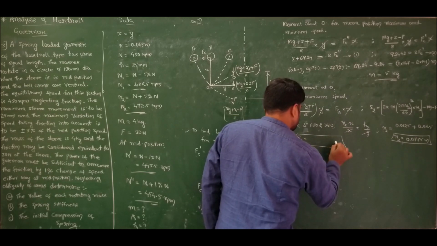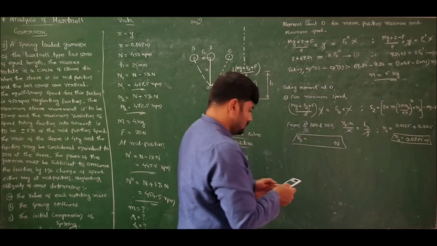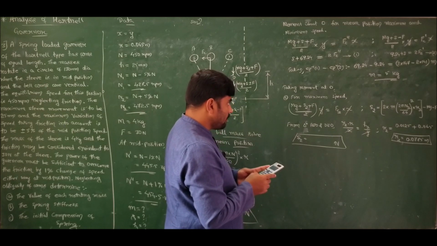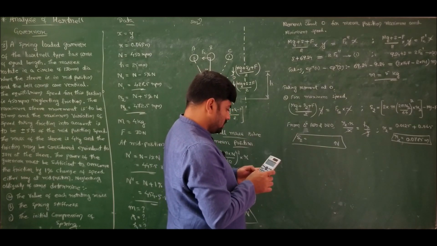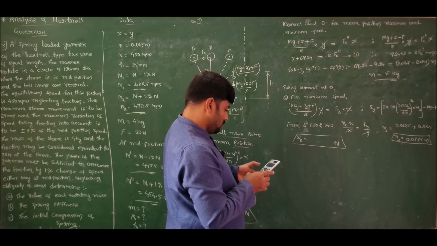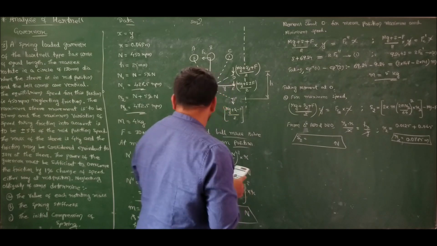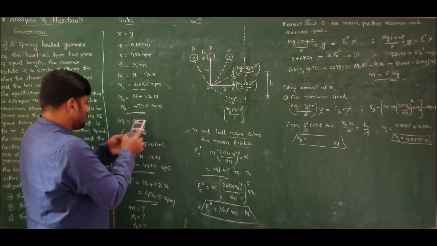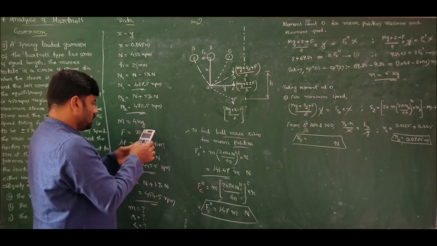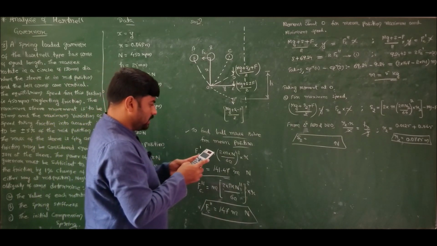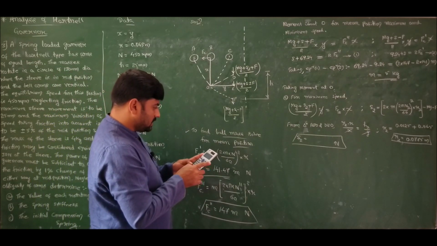So how much is S2? S2 is how much newtons? Substitute all the values. 2 into M. M is 5 kg, into 2 into pi into N2. N2 is 472.5 by 60 whole square, into R2 is 0.0775.